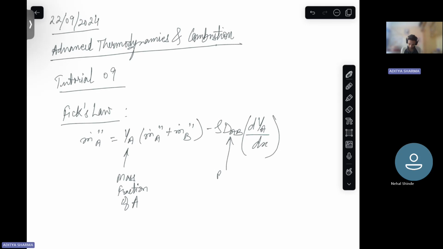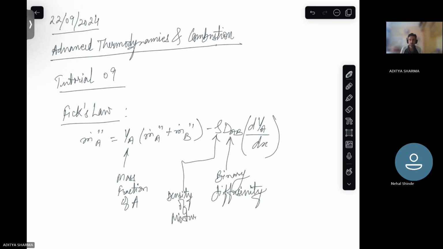D_AB is your binary diffusivity. Why are we calling it binary? Because two species are involved in it. Y is your mass fraction, D is your diffusivity, and rho is your density of the mixture. So this is your expression for the mass flux of species A per unit area.